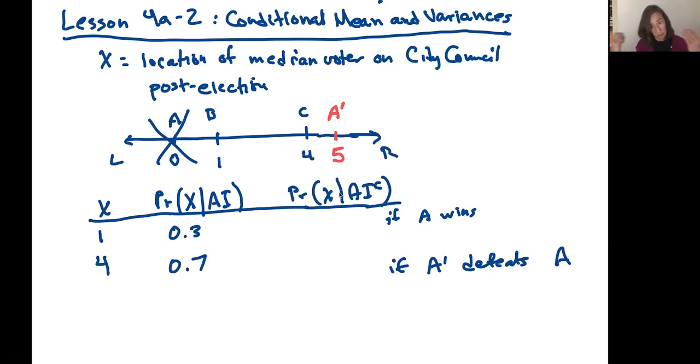Again, I'm just making up some numbers to flesh out the example. The probability that A is re-elected and X takes the value 1 is 0.8, and therefore the probability that A loses, is replaced by A prime, and the median voter shifts to the right is just 0.2.